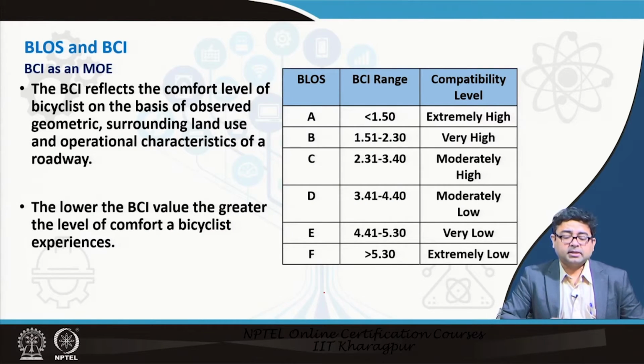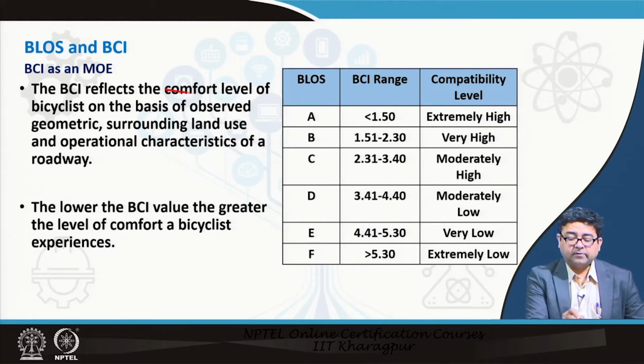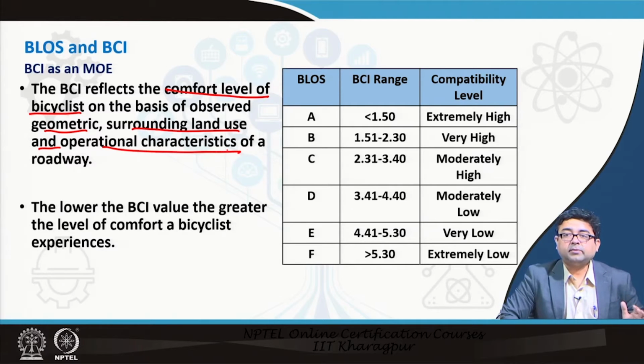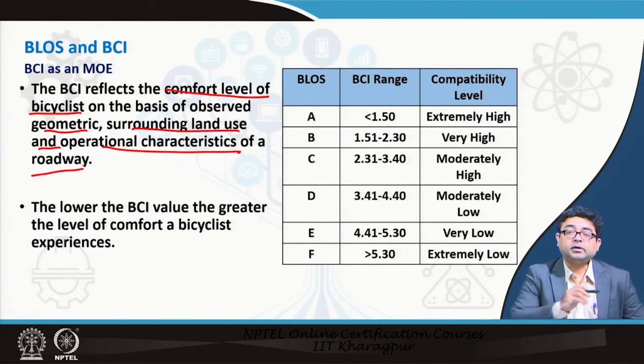Essentially, BCI is an index. The bicycle compatibility index reflects the comfort level of bicyclists on the basis of observed geometry, surrounding land use and operational characteristics. So, there are 3 different things that the compatibility index looks at: the geometric considerations, the surrounding land use and also the operational characteristics of the roadway.